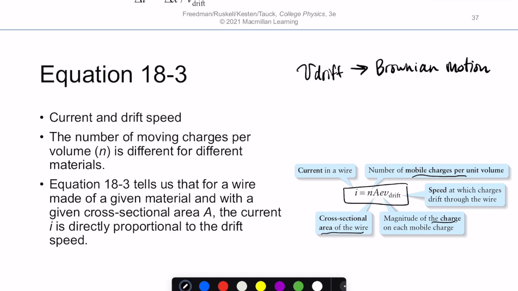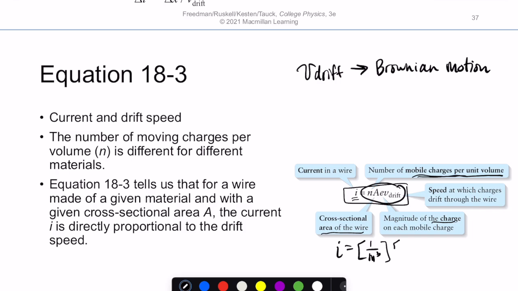So let's look at the units, and then I'll explain what drift speed is. Let's convince ourselves that all this stuff on the right-hand side actually does come out to be coulombs per second. N is the number of mobile charges per unit volume, so that would be a number over meters cubed. A number doesn't have a unit, so I'll just leave that as the number 1.